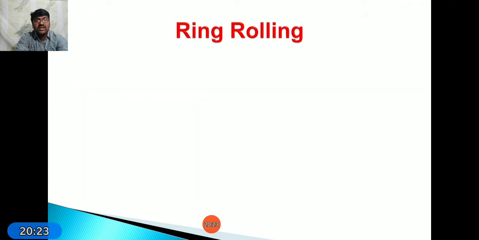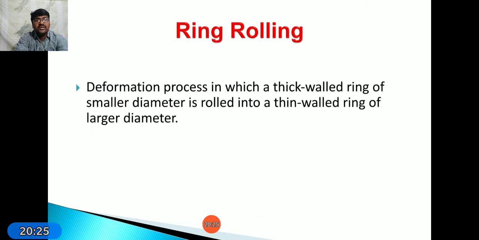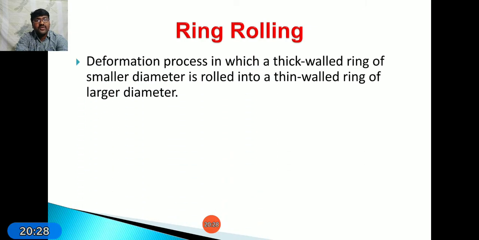Next, coming to ring rolling, it is another type of rolling process. Here the deformation process is one in which a thick walled ring of smaller diameter is rolled into a thin walled ring of larger diameter. Observe here, the diameter is small but the thickness is high.